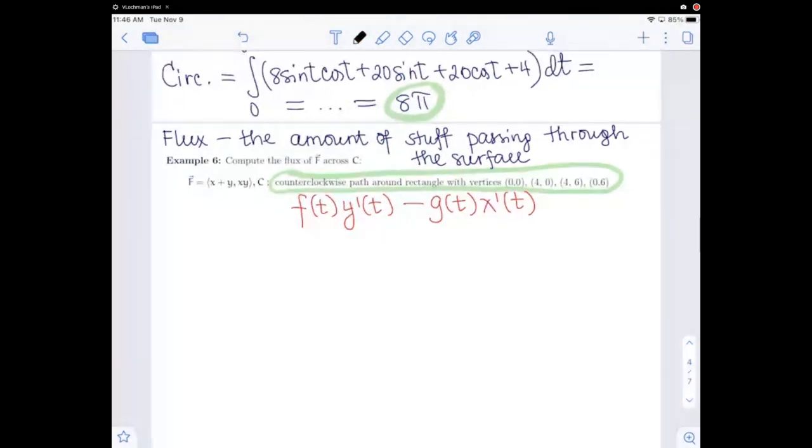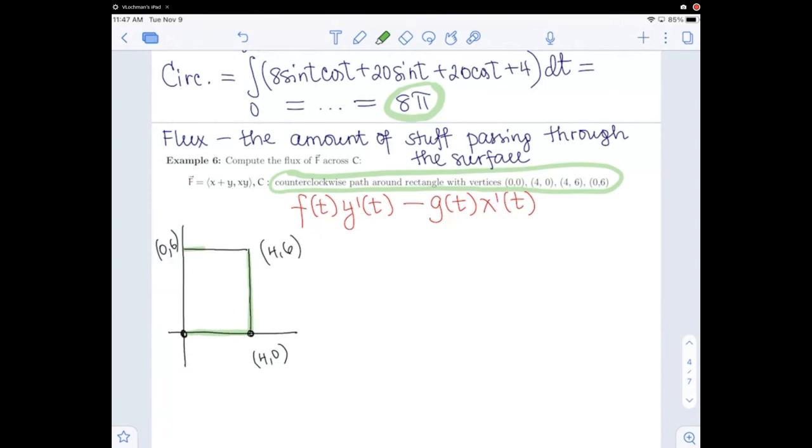We go from 0, 0 to 4, 0, then up to 4, 6, then to 0, 6, and then come back to 0, 0. So we have 4 lines where we need to compute our flux. It's oriented, so we start at 0, 0 and go in this direction.